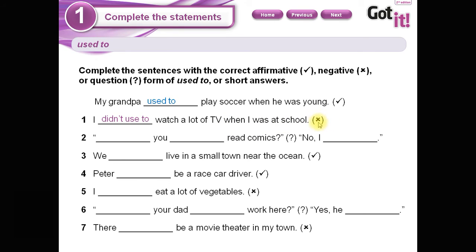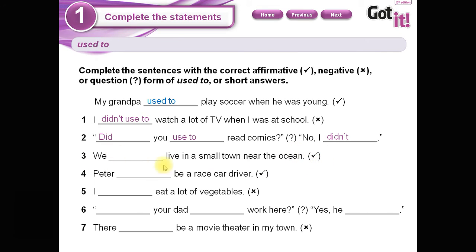This symbol represents negative. So in this case, if you take a look at the sentence, this is a question, okay? And here you have the short answer. So, did you used to read comics? No, I didn't.